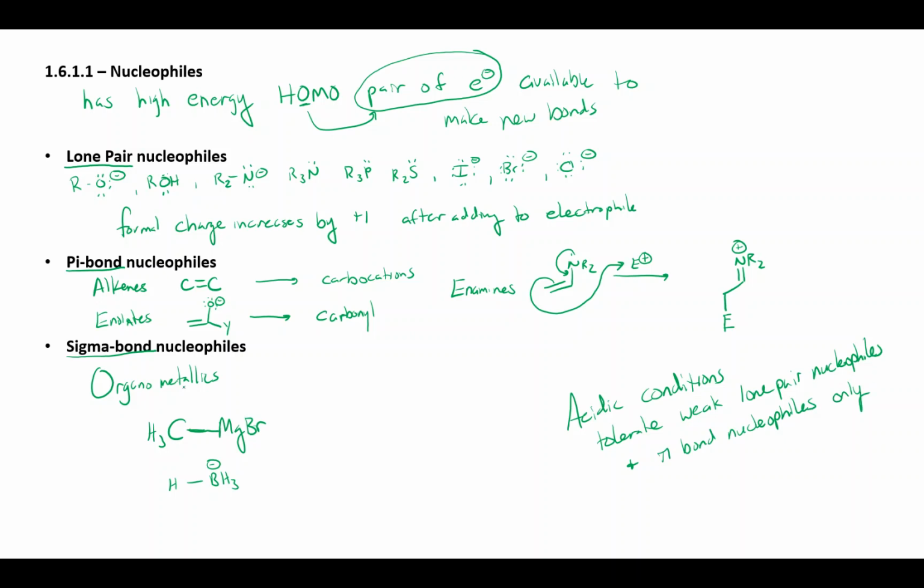Right? You can't have organometallics under acidic conditions. Organometallics are too strongly basic. They will react with the acidic conditions, right? Instead of reacting with the thing we want them to react with.